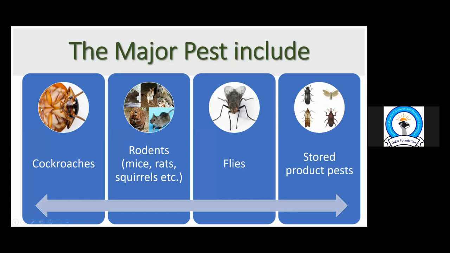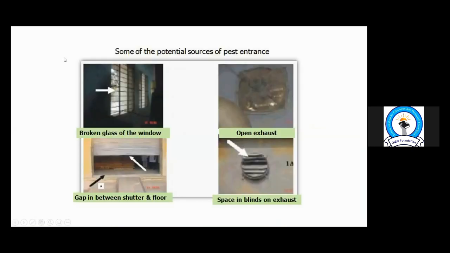They can be innumerable. I don't know which pest is mostly there as infected in a shop, but you need to find out. So make sure that you close all possible entry points, close all gaps, right? So there should be no broken glass in the window, should be no open exhaust, and there should be no proper gaps.